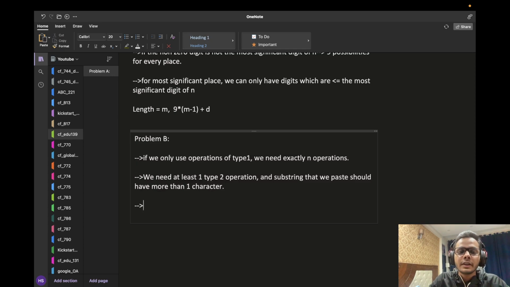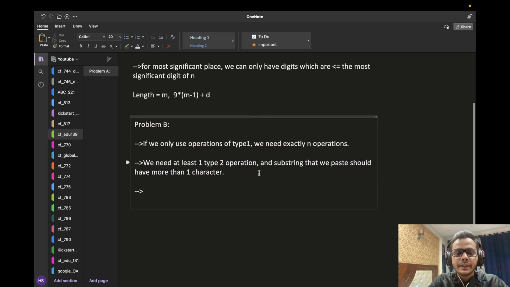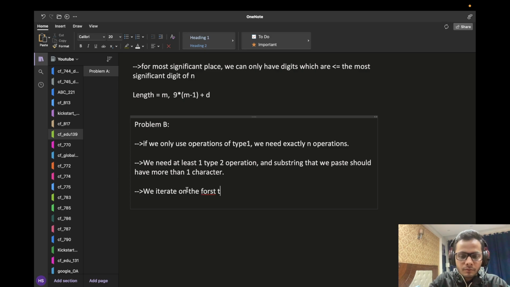Now if we look carefully, what happens is that we can basically iterate on the first time we use this type 2 operation, and we'll try to analyze what are the required conditions. So we iterate on the first time we use the type 2 operation, right?